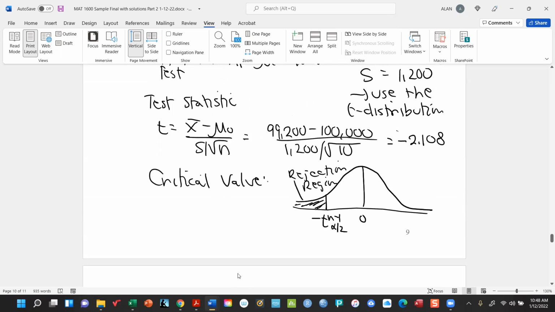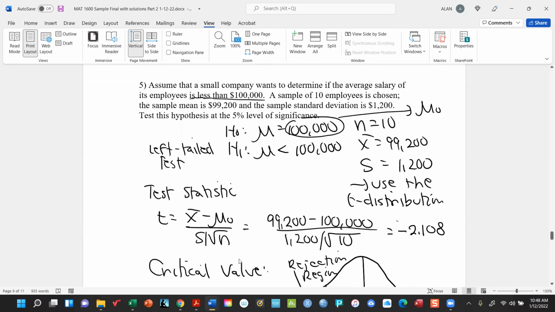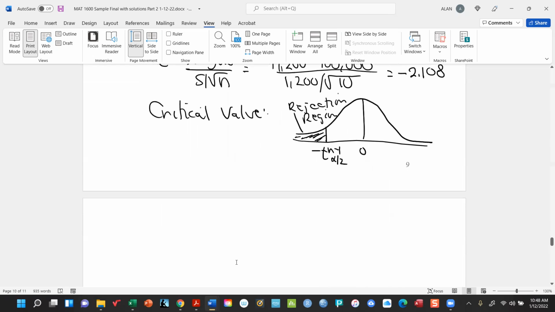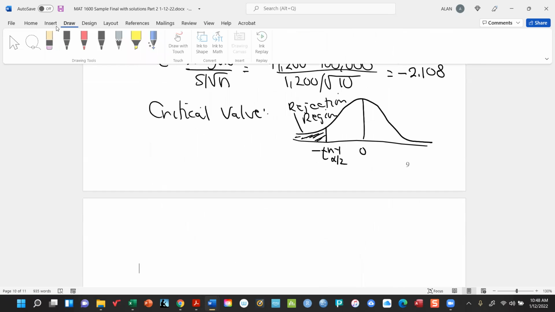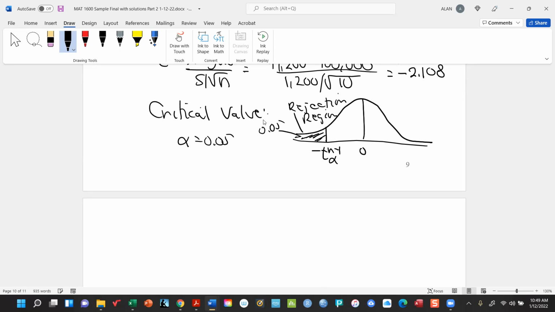Oh, by the way, did we mention alpha? Alpha is, there it is. All right, very good. So that means in this case, the entire left tail has an area of 0.05. Oh, I'm sorry. You know what? I just realized this is not correct. This should say alpha, not alpha over 2. This is a left tail. My mistake. Alpha is 0.05. The entire left tail has an area of 0.05.